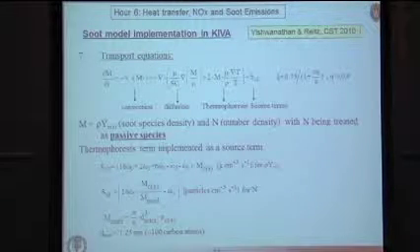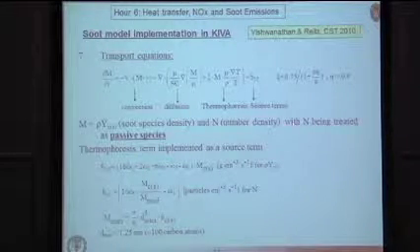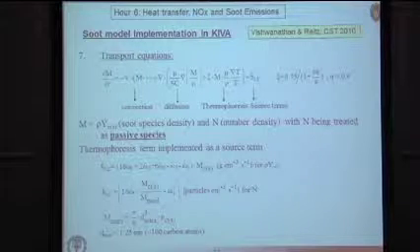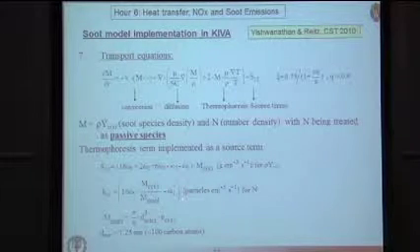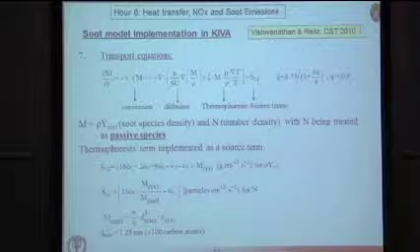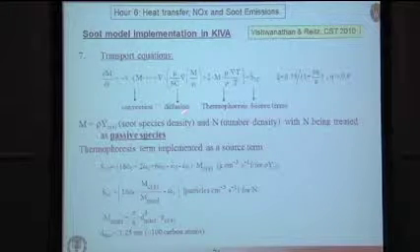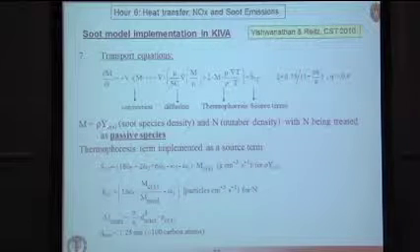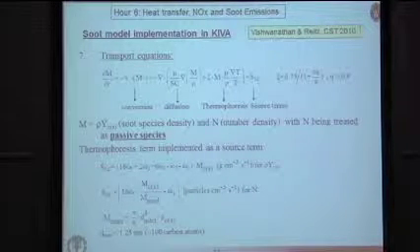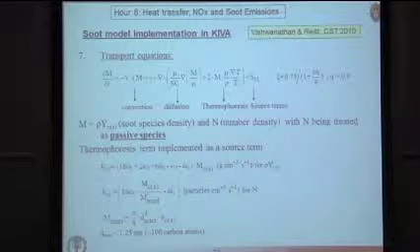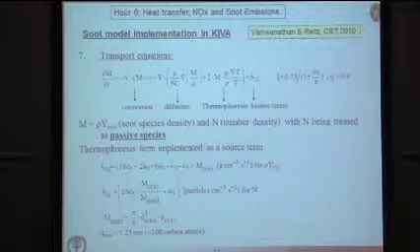In this system here, the number density is treated as a passive species, and the source terms are shown over here. Again, this comes from the literature, but basically knowing the soot mass fraction and the number density, we can get the soot particle size, which then gives us the surface area.